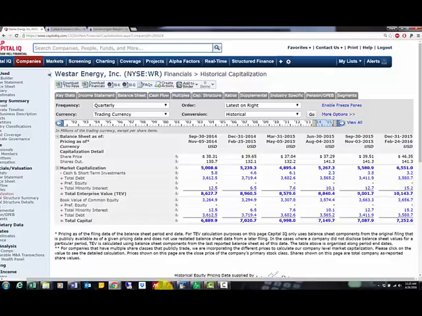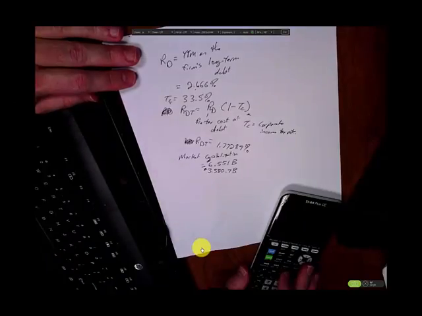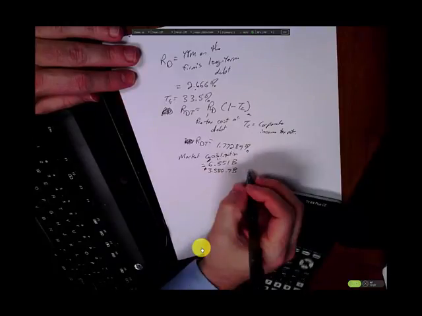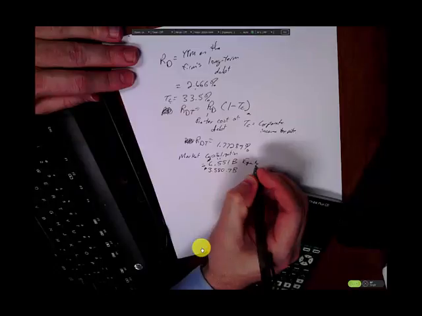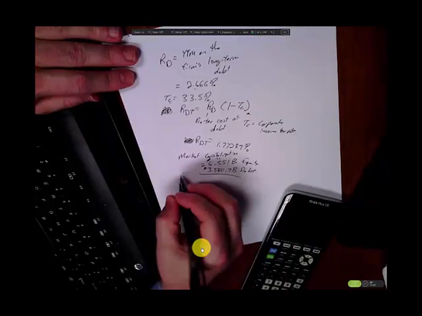All right. So going back out to the document camera, I've got my market cap, and that's 6.551 billion. So this is equity. This is debt. So I want to find my total capital.